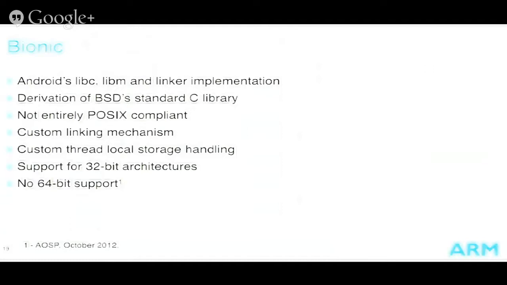A good example here is the thread local storage mechanism, where POSIX mandates that we need to have 128 slots, and in Android we only have 64, and some of them are used for special handling local to Android. It has a custom linking mechanism that I'll discuss in the following slides. And at this point, once again, it had no 64-bit support.